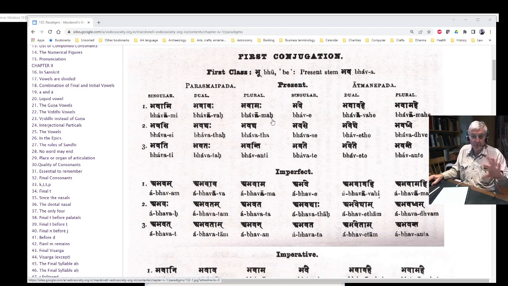The only difference between Sanskrit and Pali here is that the visarga is not there. Bhavama, we are. Bhavata, you are, you plural. Bhavanti, they are. So for our present purposes, it's virtually identical, but for that visarga. And as always, because we're talking about Pali now, we can ignore the dual.